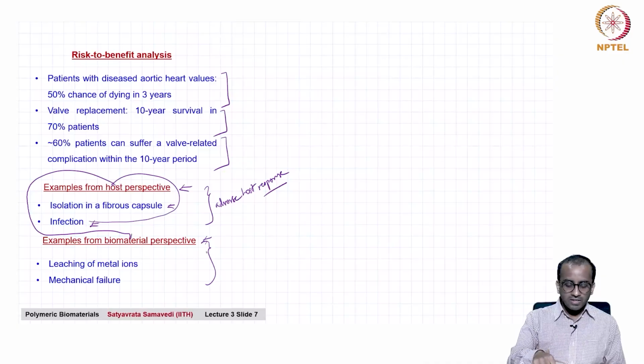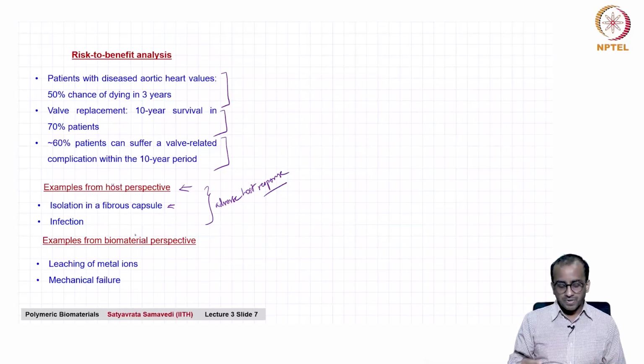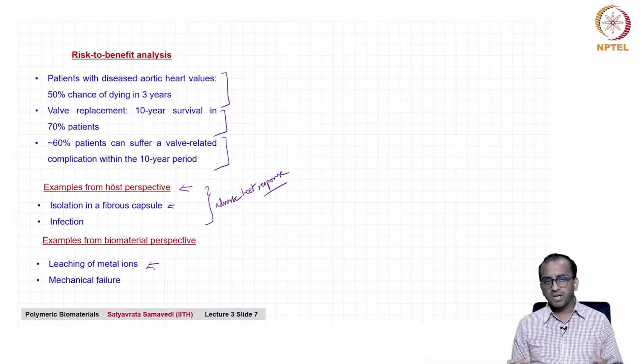Now, you can look at the same thing from a biomaterial perspective as well. So here we are looking at two examples. One is metal based implants, where you have leaching of metal ions that can be very toxic. In many of these implants, older implants could have metal ions leaking into the bloodstream, and that can never be a good thing.